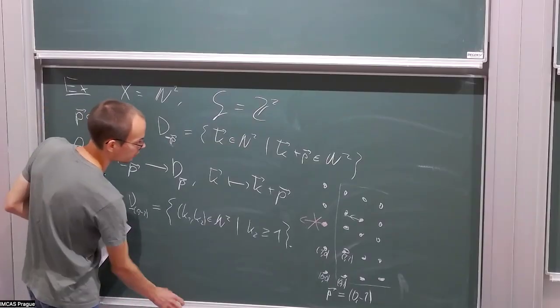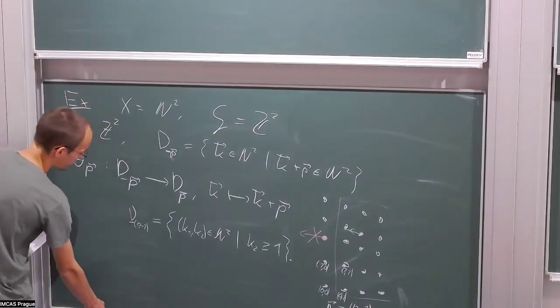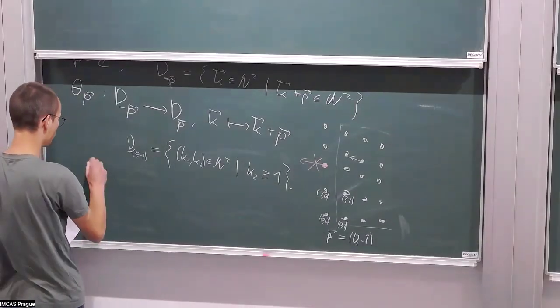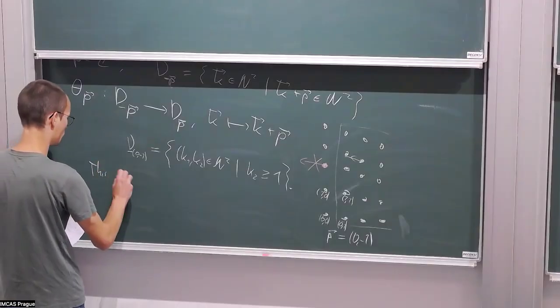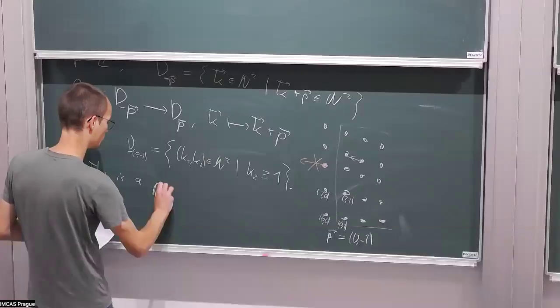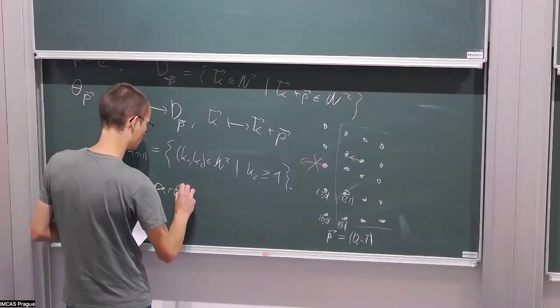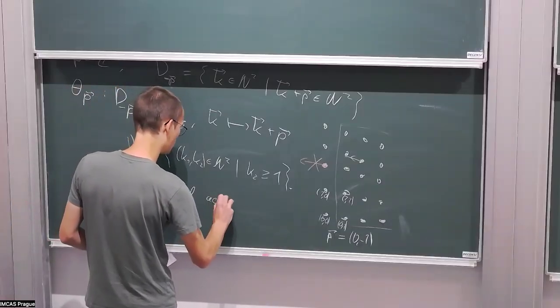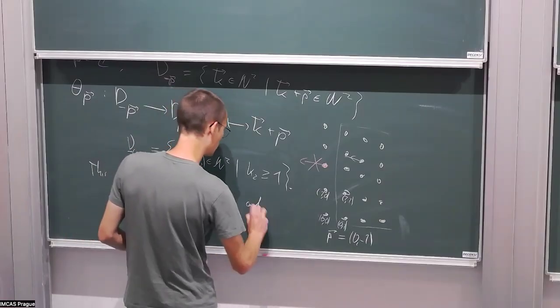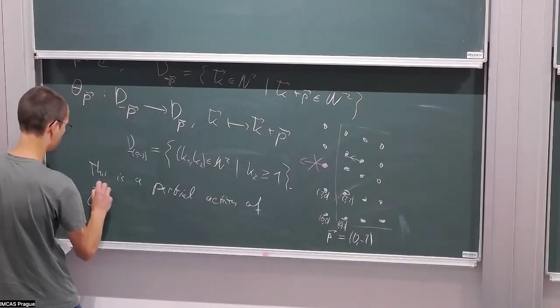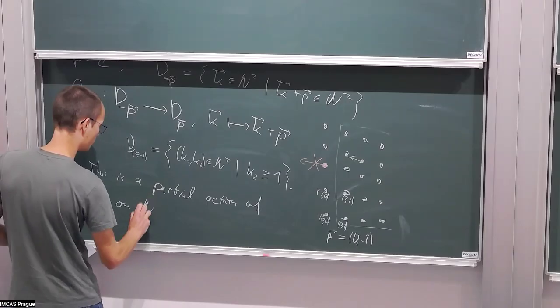Okay, so that's an example. This is a partial action of Z squared on N squared.